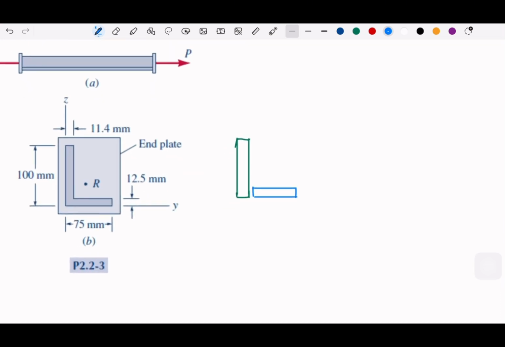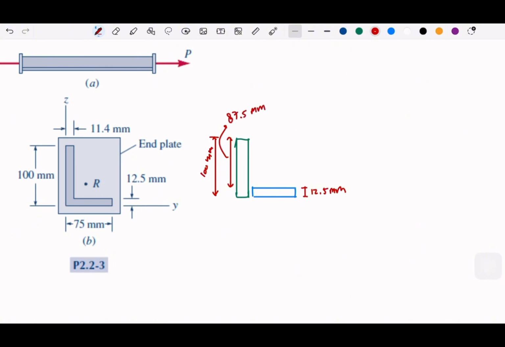So let's say we are going to have this. The total height is 100, but this distance gives you 12.5 millimeter, which means this part is going to be 87.5.